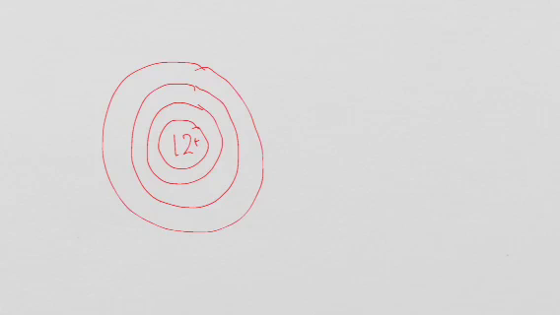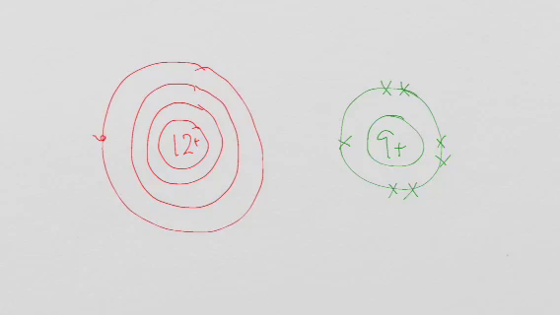I'm only going to draw the outermost ring. And if we bond magnesium to, let's say, fluorine, again, we'll go with 9. We'll draw our rings, and we will actually include our outermost electron. So I'm just going to put an electron here and an electron here.